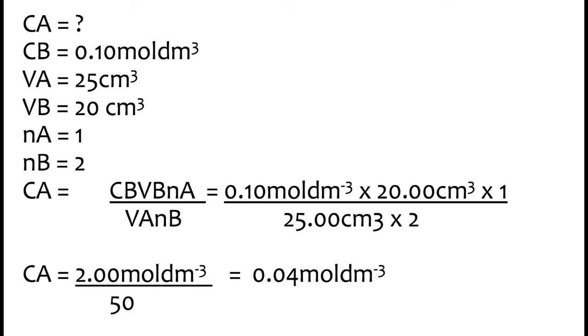Such that when you punch your calculator, 2.00 divided by 50 will give you 0.04 mole per dm cube.